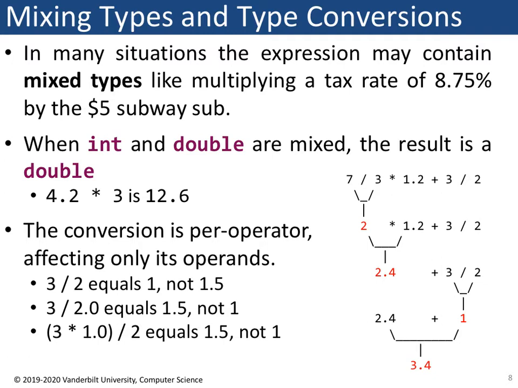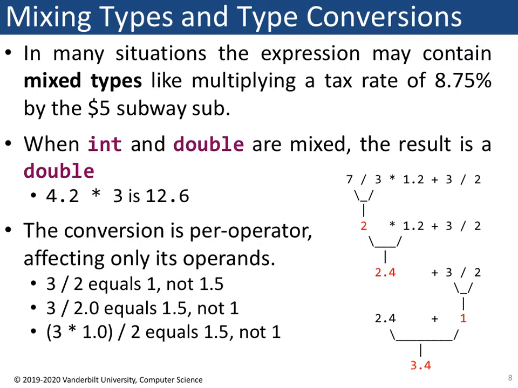So our 5 would be an integer, while 8.75 would be a real or a double. Any operation involving both integers and doubles will result in a double value.